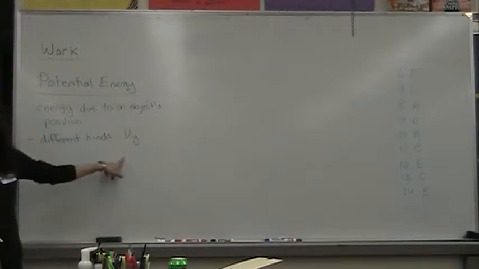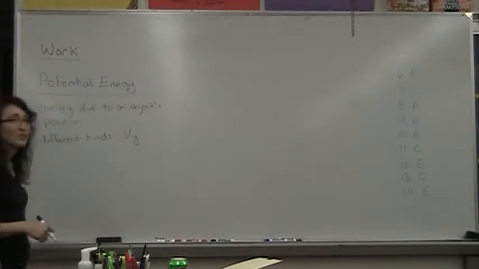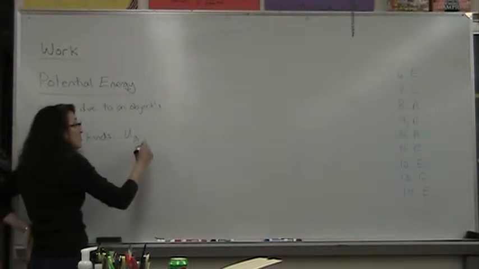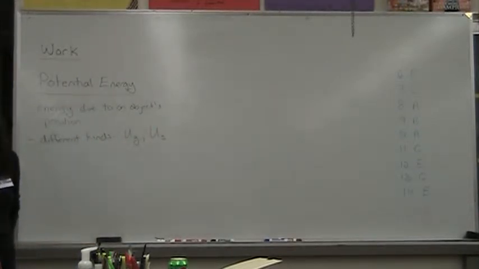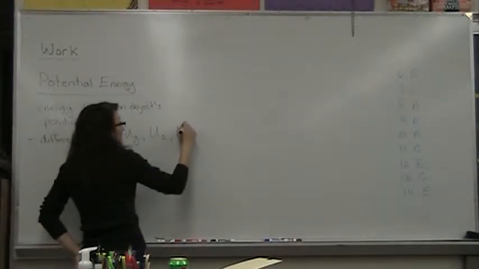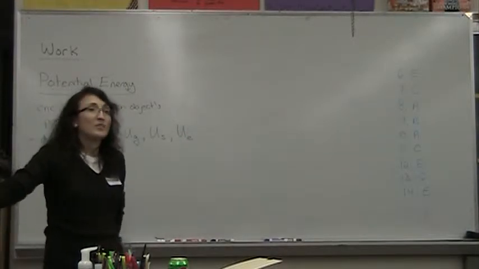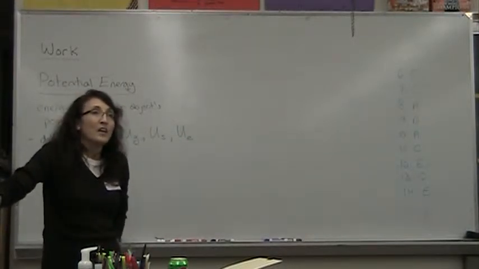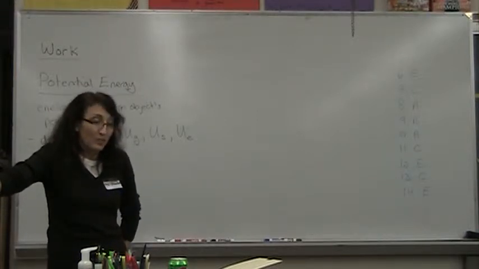And the symbol, by the way, is a U, not PE. In first year physics we teach PE, and then we come to AP and it's a U. So we have potential energy due to gravity. We're going to find out that springs have potential energy. And if you took AP Physics C mechanics, E and M, you'd also find out that there's electric potential energy as well. So there's a bunch of different kinds of potential energies.